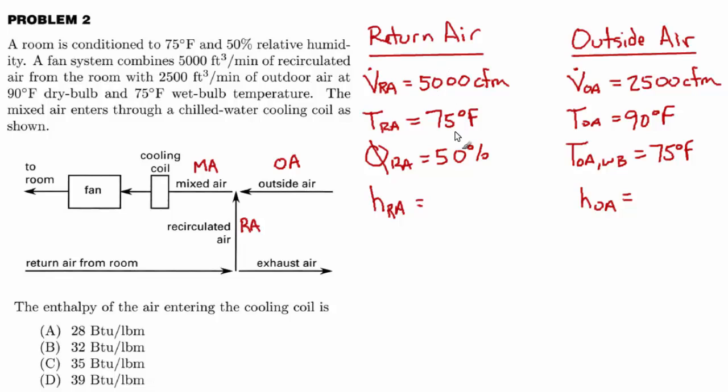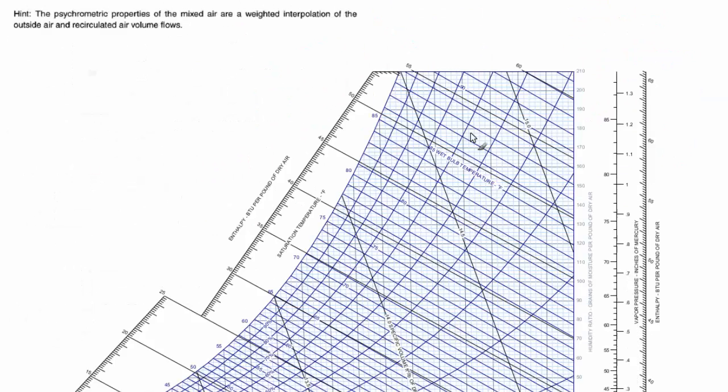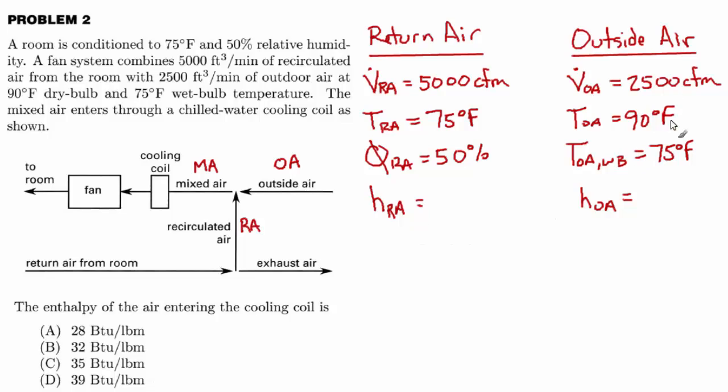For the return air, it's 75 dry bulb and 50% humidity. So 75 dry bulb on the horizontal axis up to 50% humidity. That's about right here. For the other path, it's 90 degrees Fahrenheit and 75 degree wet bulb.